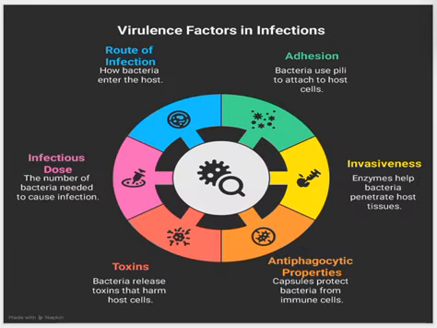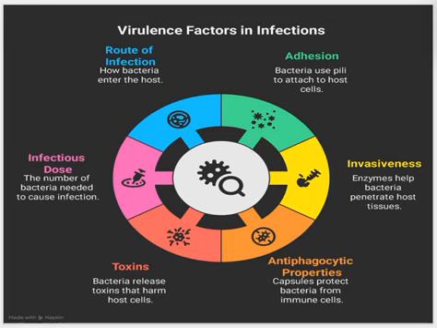Virulence factors are the tools pathogens use to cause infection and disease. For instance, the route of infection determines how bacteria enter the host. Adhesion involves pili that help bacteria stick to cells. Invasiveness refers to enzymes that let bacteria penetrate tissues.